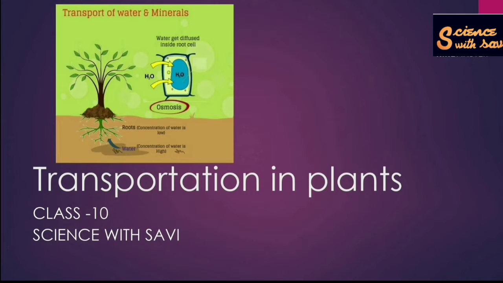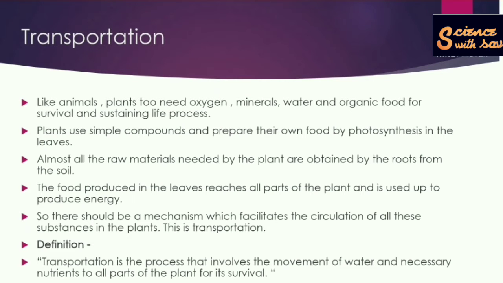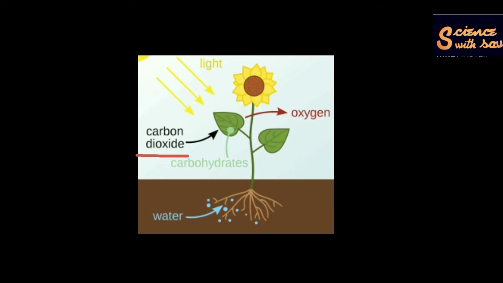So I'm going to the classroom and we are going to start with the first slide. Like animals, the plants also need oxygen, minerals, water, organic compounds for their survival and sustaining the life process. And we know that plants undergo photosynthesis in which they prepare their own food. So in the process of photosynthesis, they need a lot of raw materials, like carbon dioxide from the air, water and minerals from the soil, and then in the presence of sunlight and chlorophyll, the food is prepared.